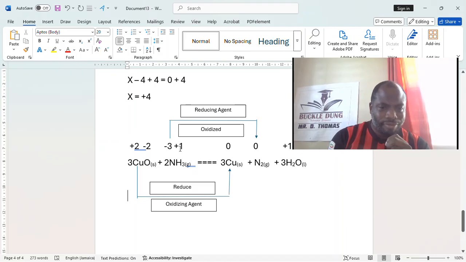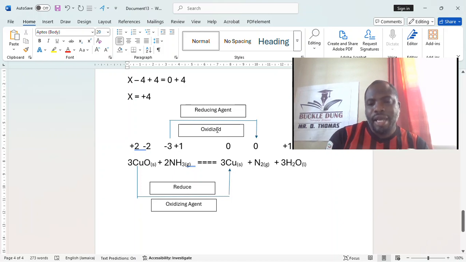Also, we are seeing in the compound that the nitrogen has hydrogen bonded to it, and over here, it doesn't. So what happened? The nitrogen lost hydrogens. What is the loss of hydrogen? Again, oxidation.